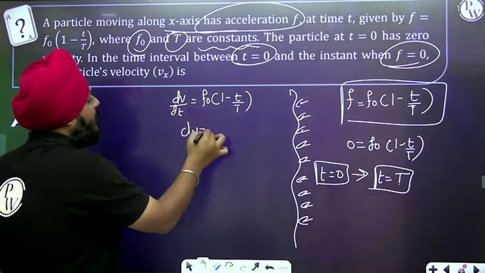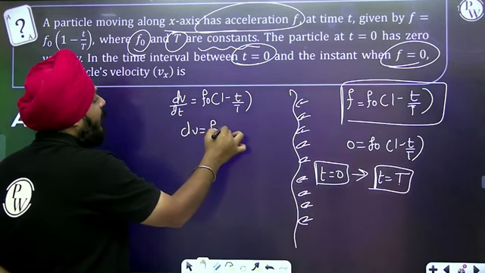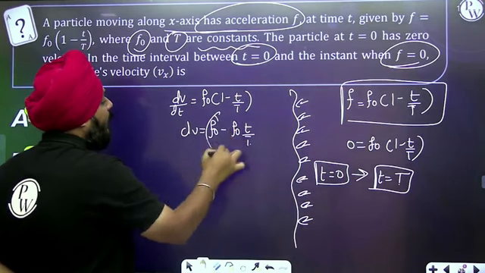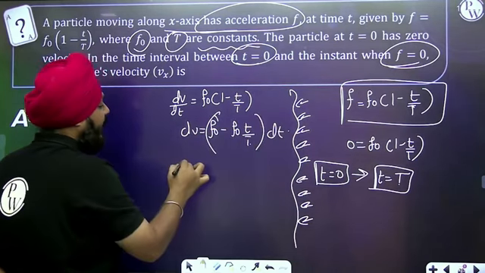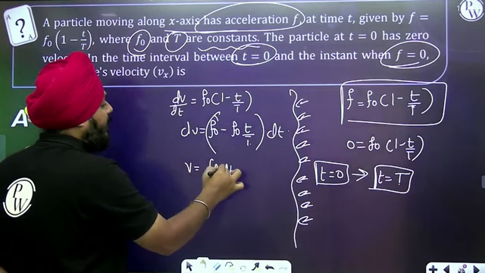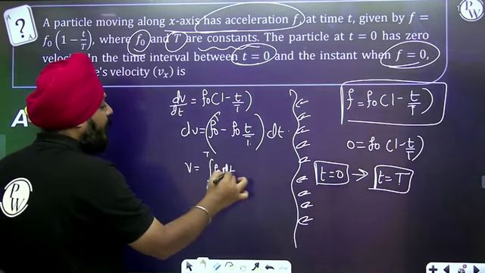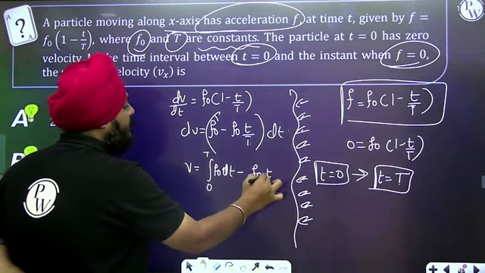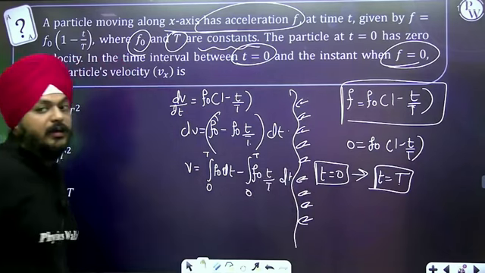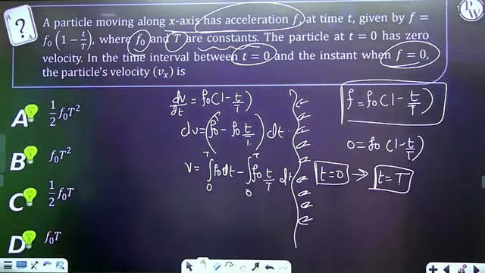So dv is equal to f0 minus f0 t by T, into dt. Can I integrate this? That is f0 dt, limiting from 0 to capital T, minus f0 times small t by capital T, integration 0 to capital T dt.